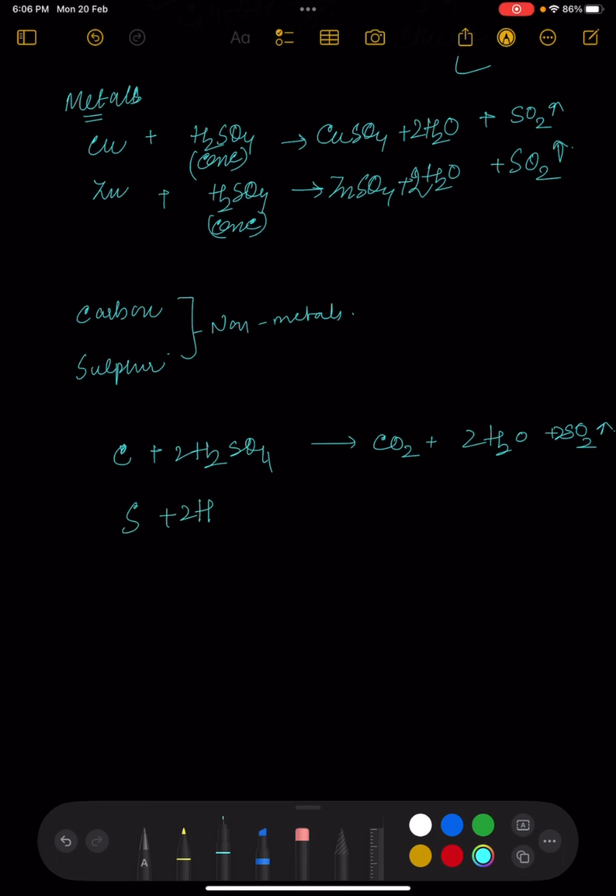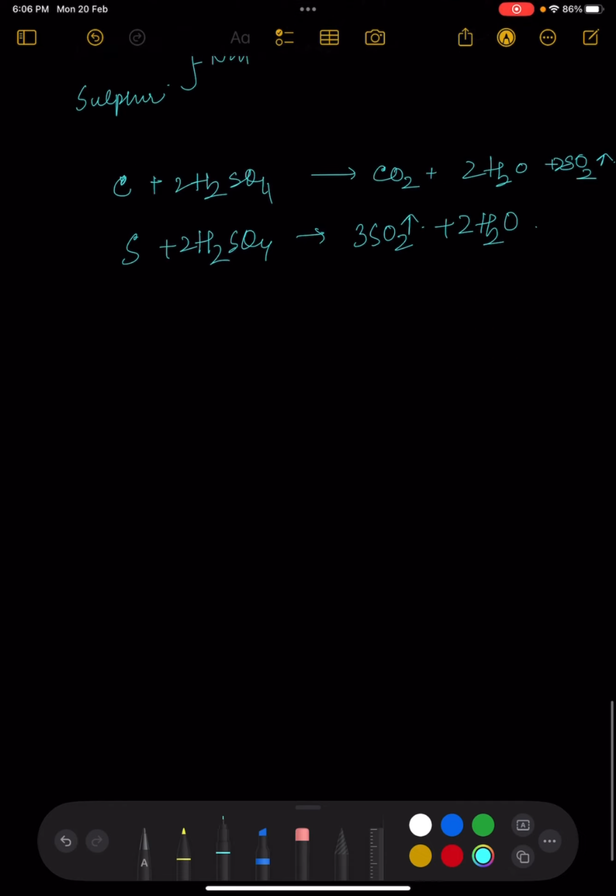And again with sulfur, it will give 3SO2. Here the yield of SO2 will increase, nothing else will happen. These are the reactions which are given for the concentrated acids.